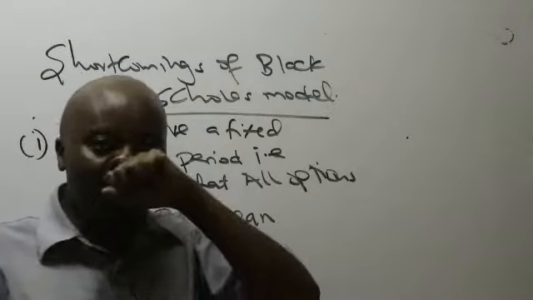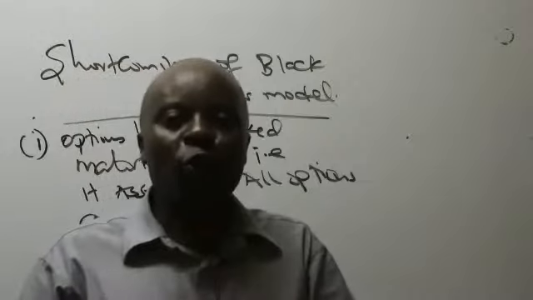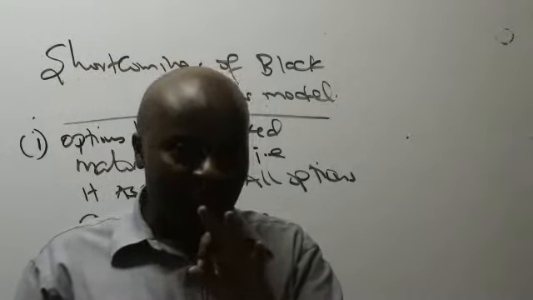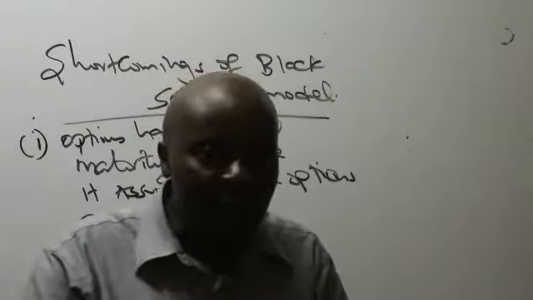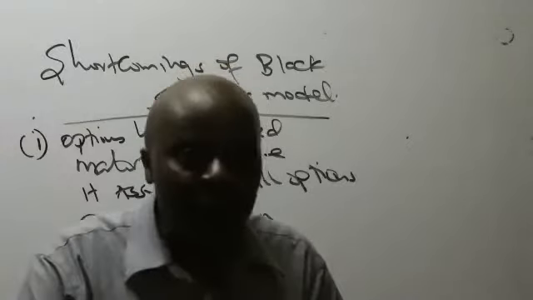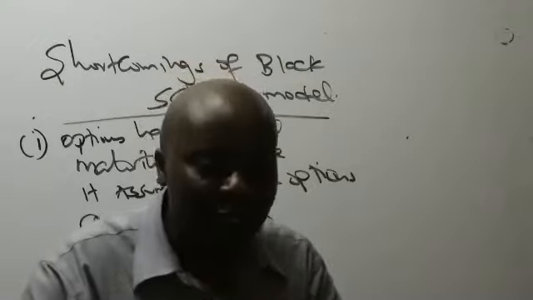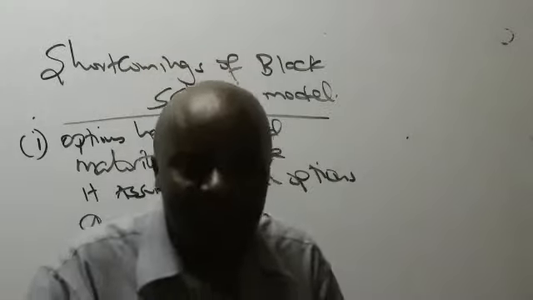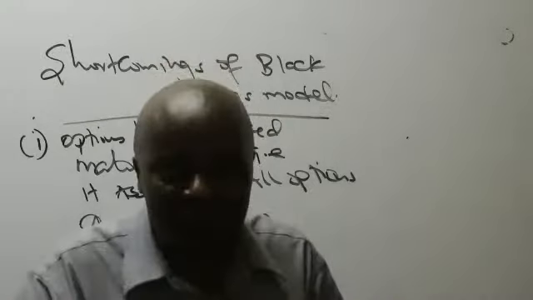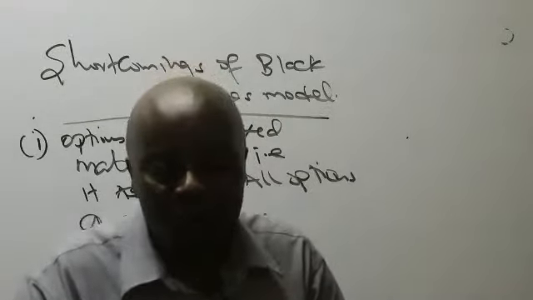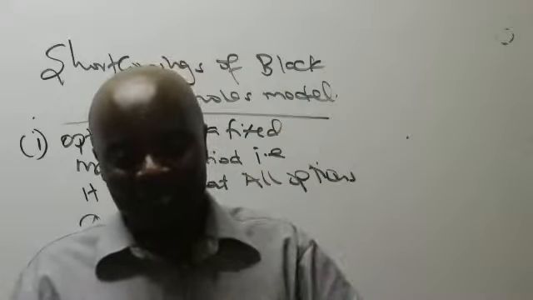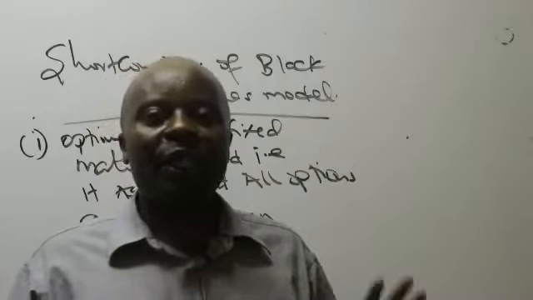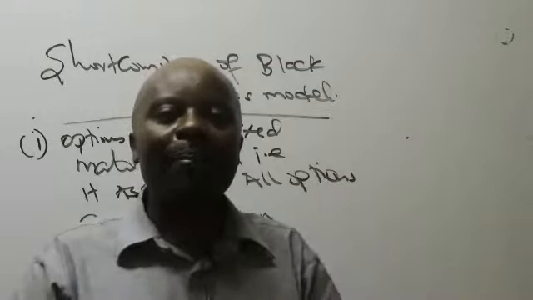Remember, in terms of maturity period, we've got three types of options, if you remember. Tuko na European options, tuko na American options, tuko na Bermudan options. Mnazikumbuka? Jesse amesema yes. So remember, European options, you can only exercise them upon maturity.